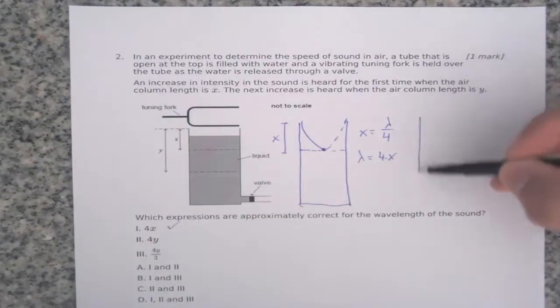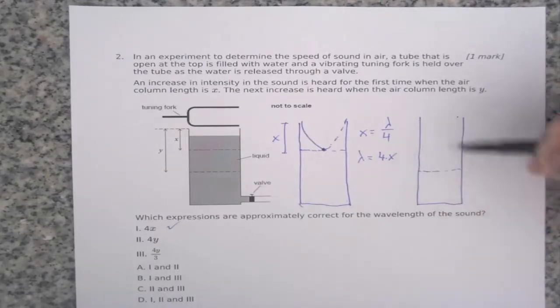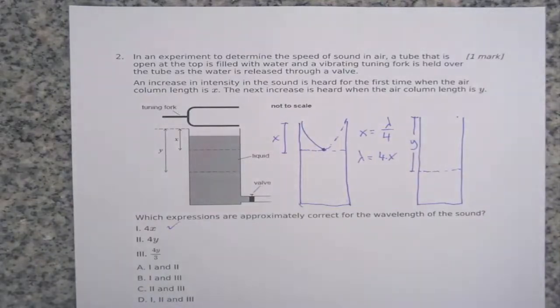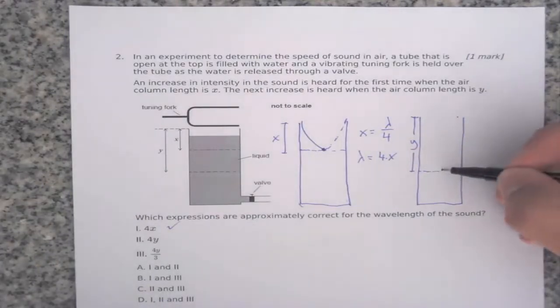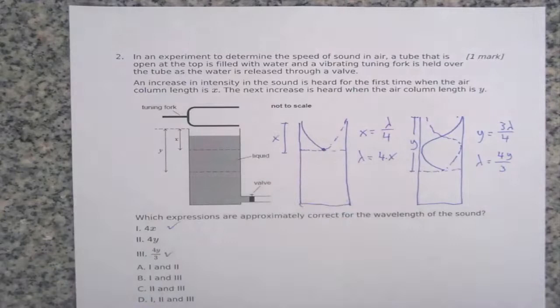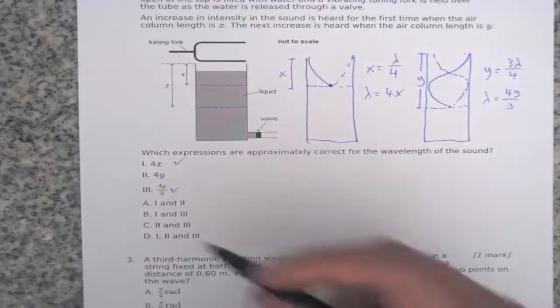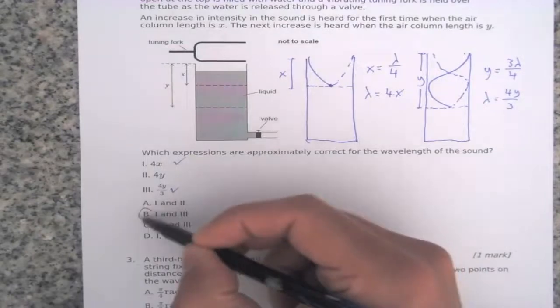Then if I do the same for the distance Y, that is somewhere here, at this distance Y I see the next harmonic. The next harmonic is like so. So this distance Y is 3 lambda over 4. So the expression for lambda is going to be 4Y over 3. So also the third one is one of your choices. So here, of course, the correct answer is B, 1 and 3.